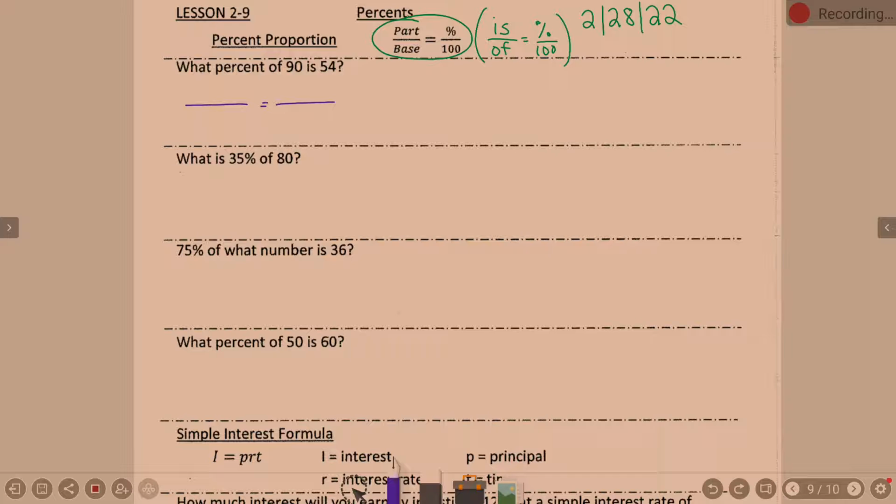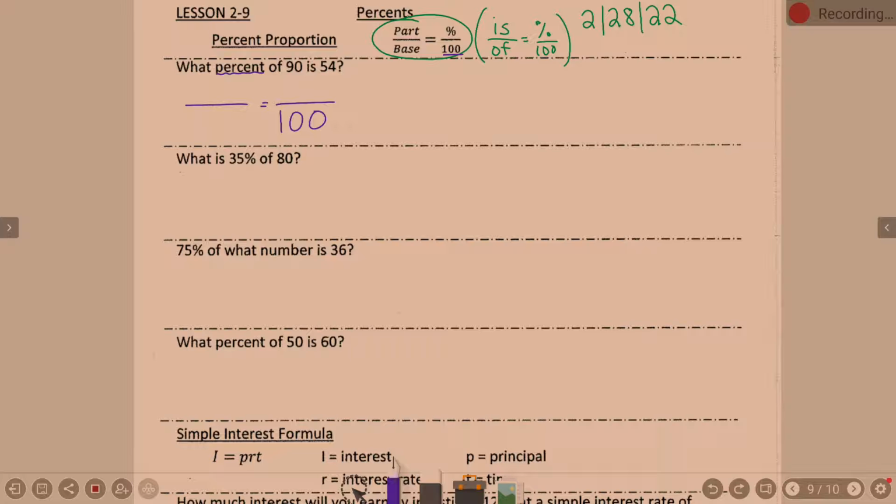So specifically, they're asking me to find a percent, yes? So if we look at this proportion, that is the part over the whole base equals percent over 100. Well, the bottom right of my proportion is always going to be what? Always going to be 100. There we go. I got the 100 filled. So you'll always fill in 100 bottom right.